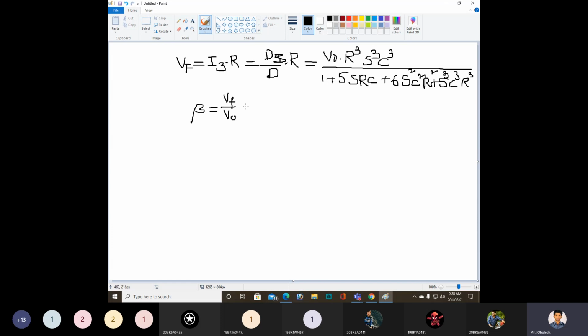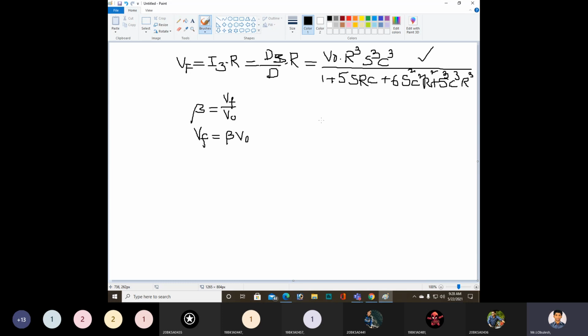Then Vf is equal to beta into V0. So here you need to find the beta value. Beta is equal to Vf divided by V0. Vf value you know it here.